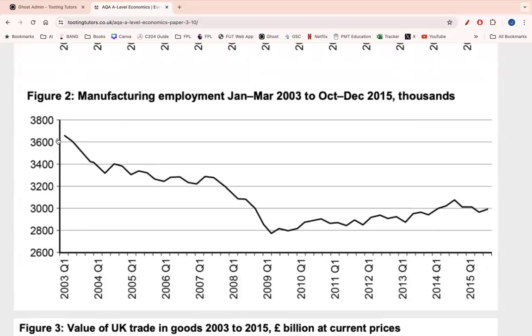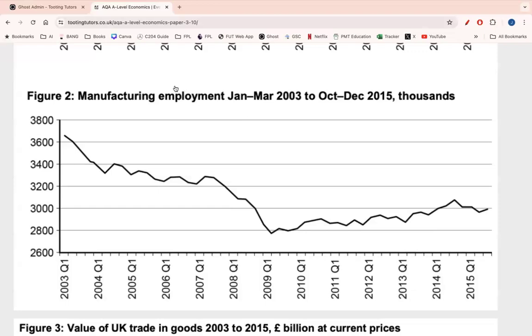So that's 3.65 million, to 3,000,000, which is 3 million in 2015 quarter 1.